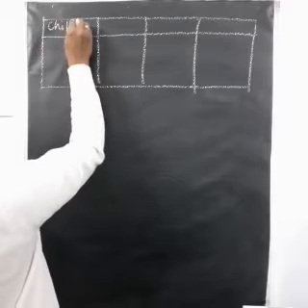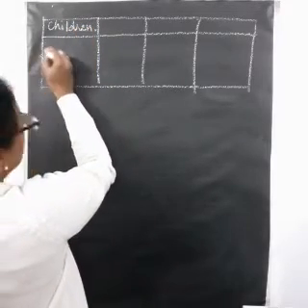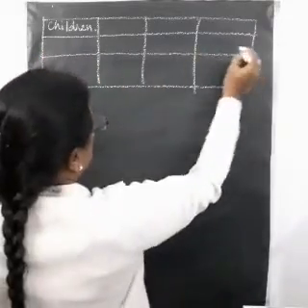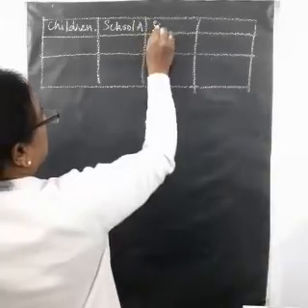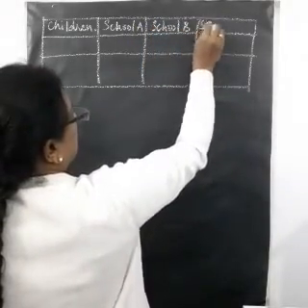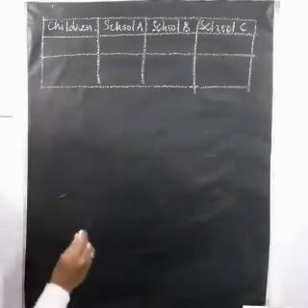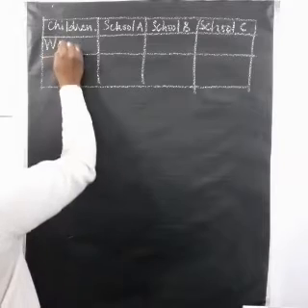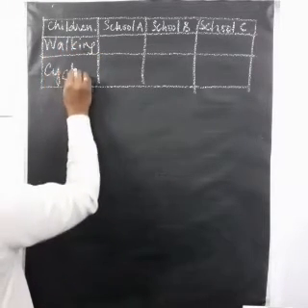So it's children, and here we have school A, school B and school C. Now here the activity that is given is walking. Those who come to school by walking and those who come to school by cycling.